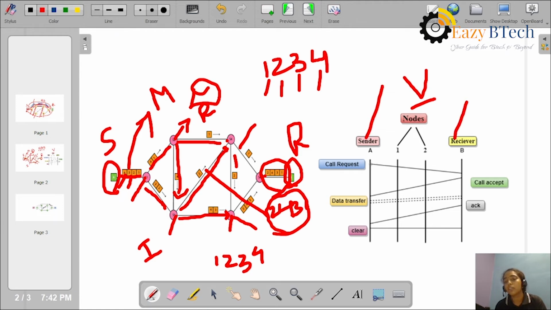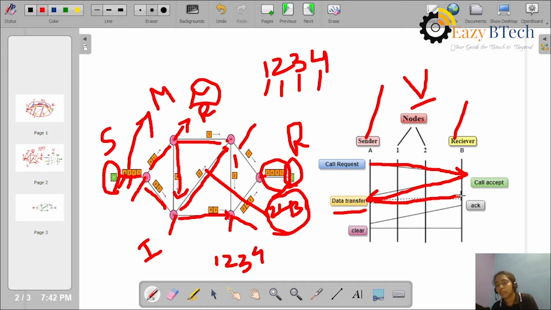First of all, to send a particular data frame, give a call request to the receiver. If the receiver accepts that call, he is ready to receive the frame. He gives an acknowledgement.